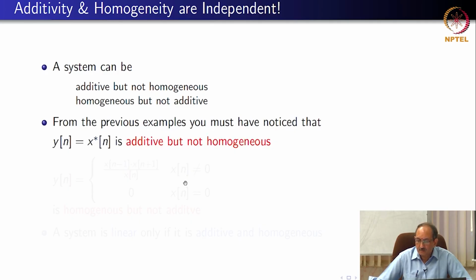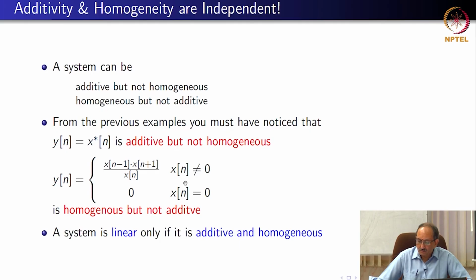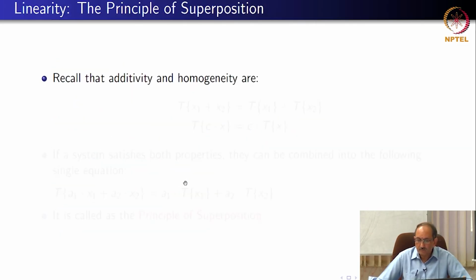So this slide just puts in writing what I had said in words, right? So the system is linear if and only if it is both additive and homogeneous. And somebody said superposition. That superposition principle captures in one statement both additivity and homogeneity.